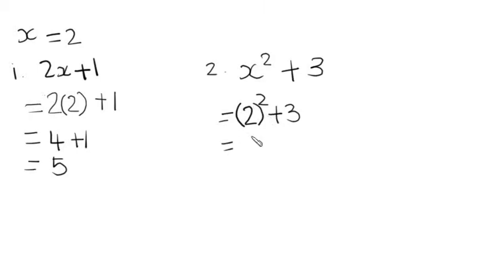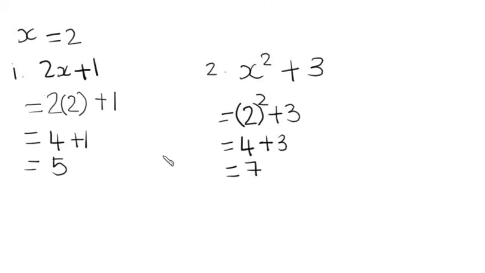So now the substitution is over. So 2 to the power of 2 would give me 4, because the exponent just tells me, again, a reminder, exponent tells me how many times my base takes place in a multiplication. So therefore I have 2 times 2 giving me 4 plus 3, and that gives me 7.